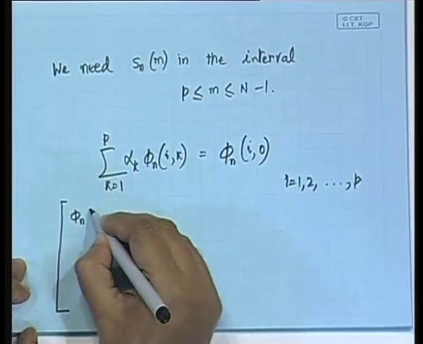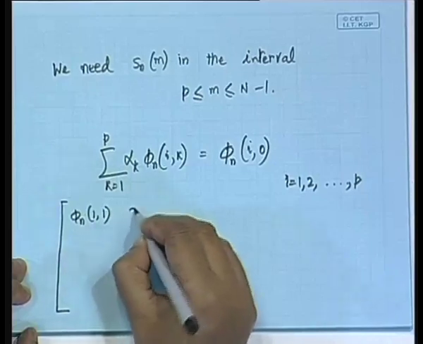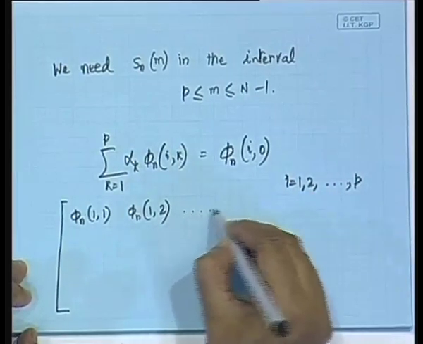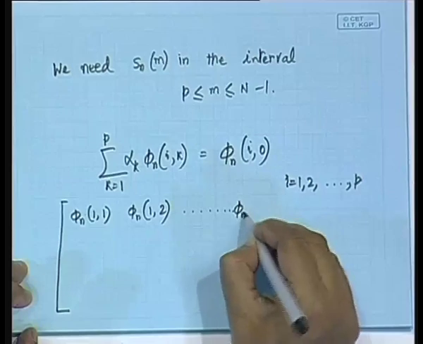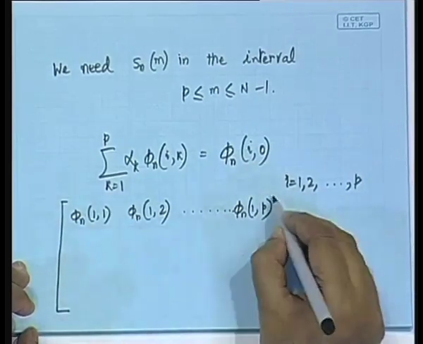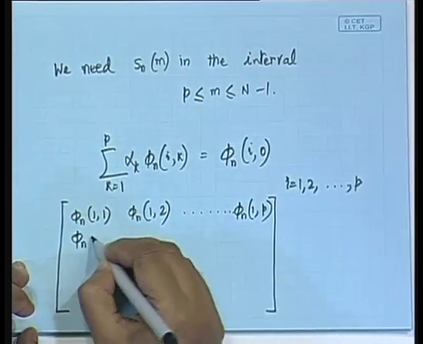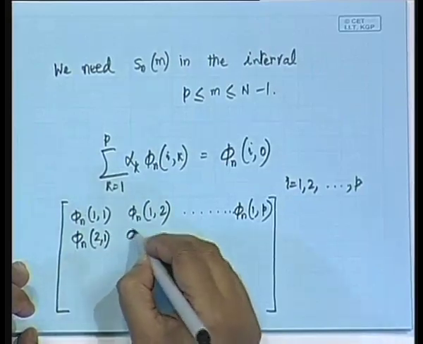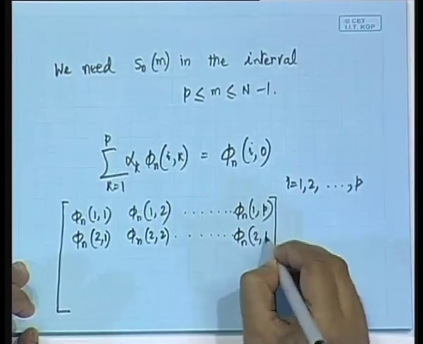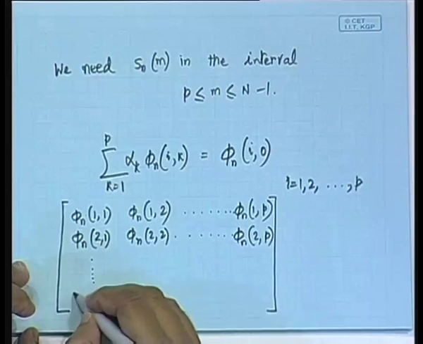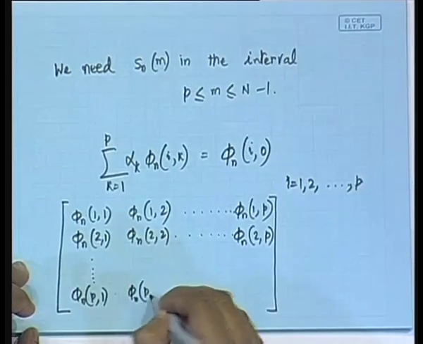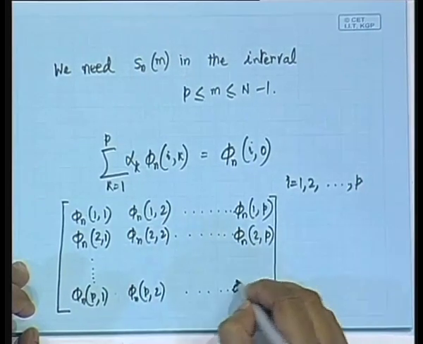So, this will be phi n 1 1, phi n 1 2, up to phi n 1 p, all the first row elements. Then the second row elements, phi n 2 1, phi n 2 2 up to phi n 2 p, and the last one I am writing directly, the pth row, phi n p 1, phi n p 2, and it ends with phi n p p.